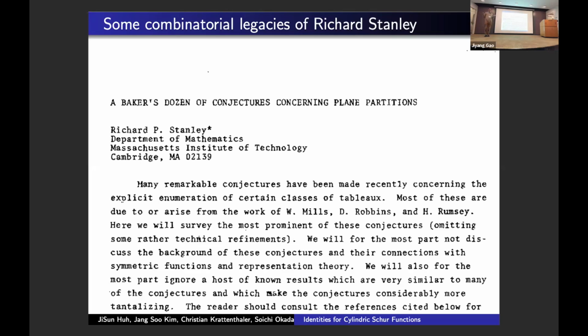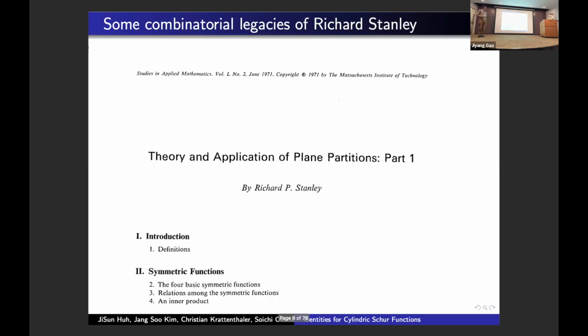But at least a former student of mine, Denise Fischer, together with Roger Behrendt and Matthias Konvalinka, was able to solve one of these conjectures. But even earlier, there's this 1971 two-part paper of Richard, where he explains that if you do enumeration of plane partitions, then you should look at them from the point of view of symmetric functions.